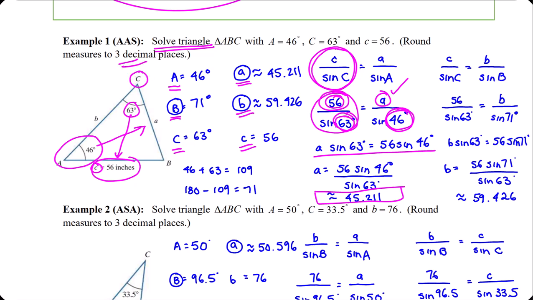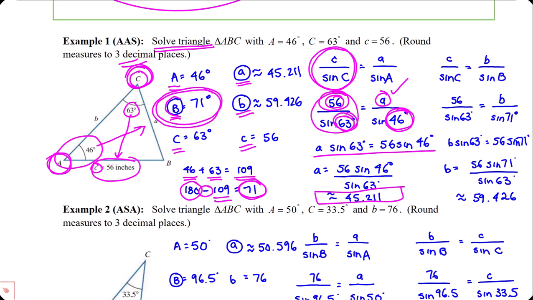Now there's one thing that I actually did before that is, since I have angle A and I have angle C, if I have 2 angles of a triangle, well, the 3 angles together add up to 180. So if I take 180 and subtract the 2 angles that were given to me, I'll get the third angle, which is 71. So angle B, the angle I didn't know, is 71.